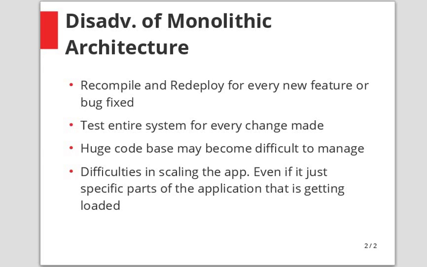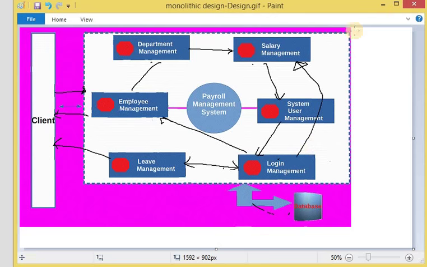Now, the last of the four disadvantages I have here is that it is difficult to scale the application. Even if you have a small part of the application with huge traffic, for example, if the salary module of the application has a lot of requests and it is slowing, it will affect all the modules of the application.